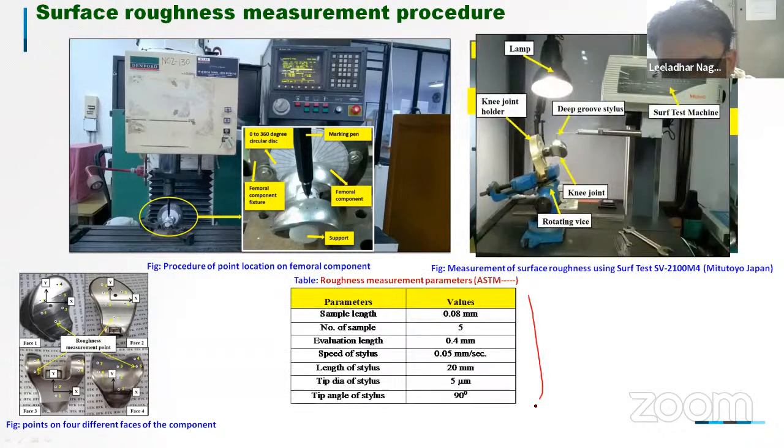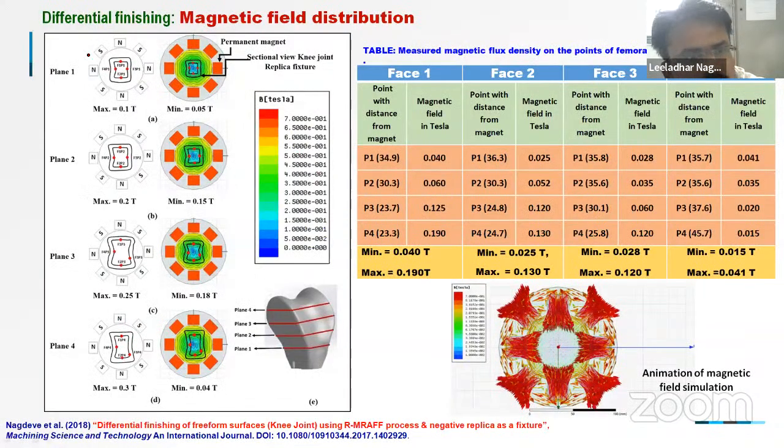So these are the parameters that we have to maintain during the measurement, and this is the simulation kind of thing. We have to check how much magnetic field is generating over the surface, whether the developed process or developed prototype, as we can say we have developed here a workpiece fixture, and we are talking about the developed process.